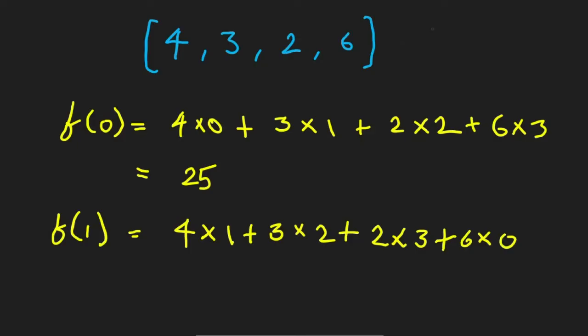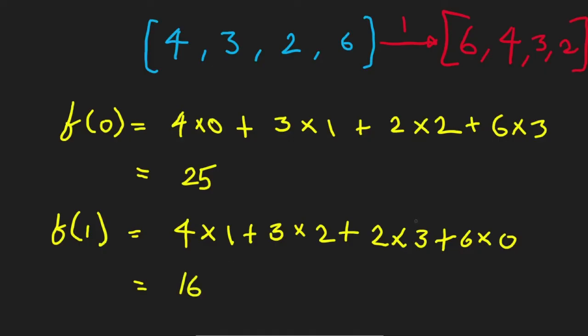Because we rotated the array once, and after one rotation, the array will look something like this. And the index of 6 is 0, for 4 it's 1, 3 it's 2, and 2 it's 3. If we sum it up, we get 4 plus 6 10 plus 6 16.